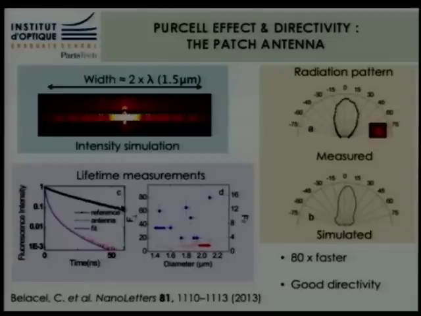Lifetime measurement using a start-stop setup at the INSP enabled us to retrieve an estimation of the Purcell factors, the enhancement of fluorescence, reaching at most 80. And by measuring the radiation pattern, which is in good agreement with the numerical simulations, we show that this antenna provides a good directivity.